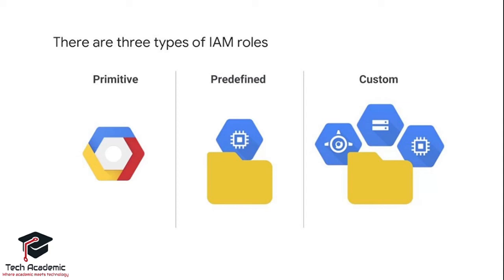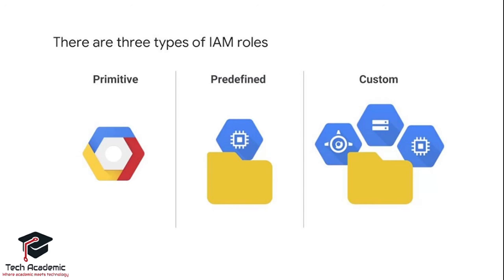IAM custom roles let you define a precise set of permissions, because you can create the role according to your own need. With the help of this, a lot of companies use a least privilege model, in which each person in your organization gets the minimum amount of privilege needed to do his or her job.